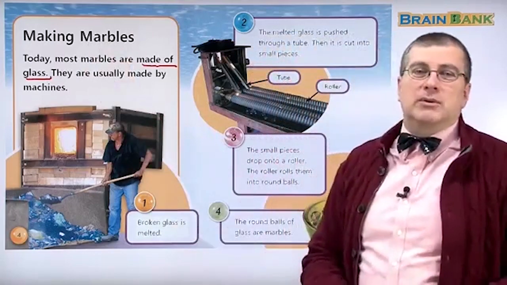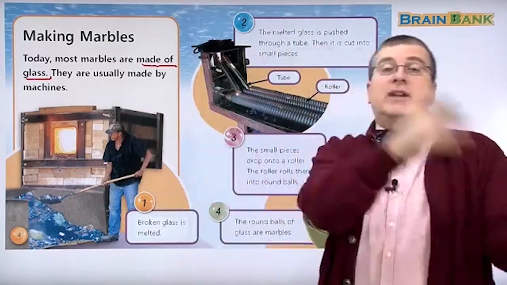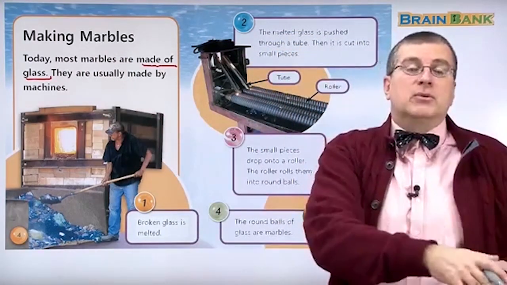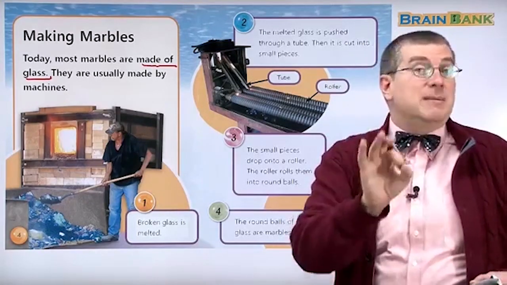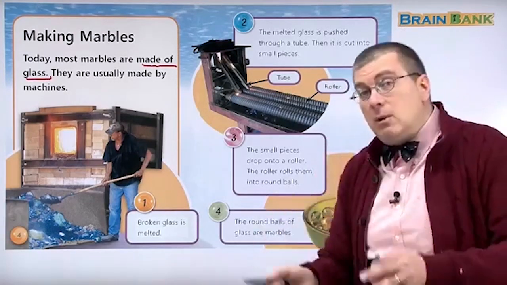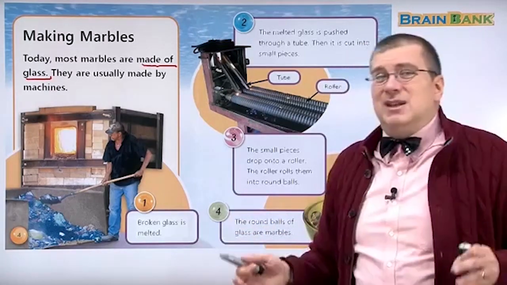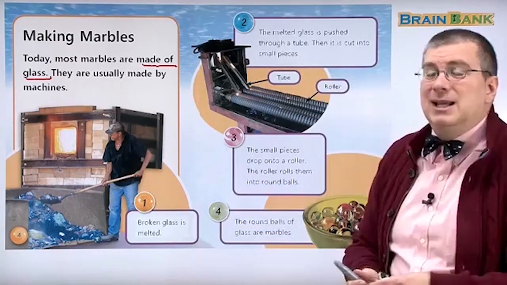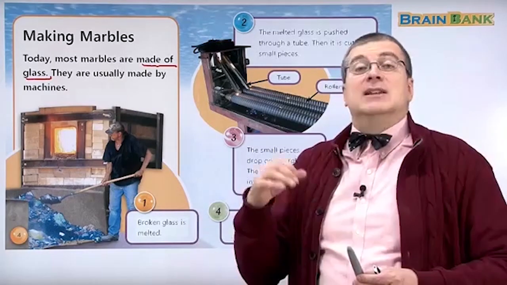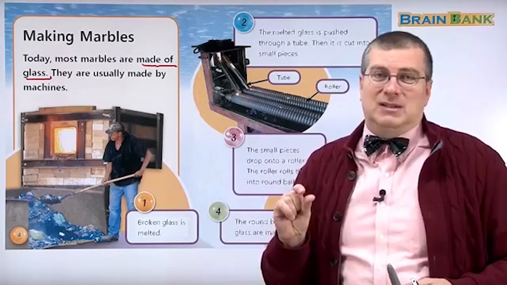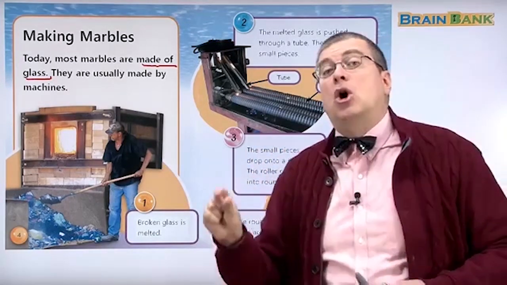So, making marbles. How do we make marbles? A long time ago, marbles were made of stone, especially marble. But nowadays, marble is very expensive and it's not very common, right? Glass is not expensive and it's much more common.